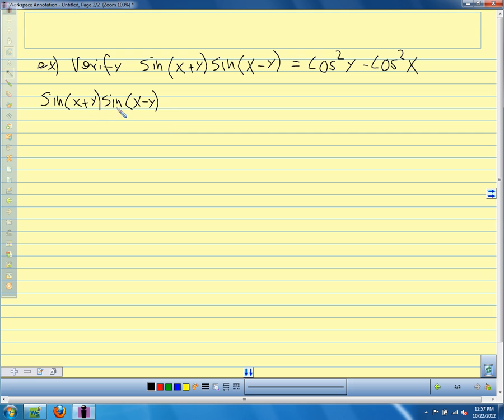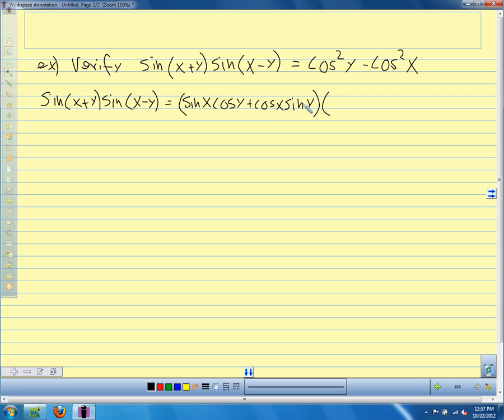I'm going to use the sum formula first. That equals sine x times the cosine of y plus cosine of x times the sine of y. That's my first one, using the sum formula. And now I'm going to multiply that with this using the difference formula.